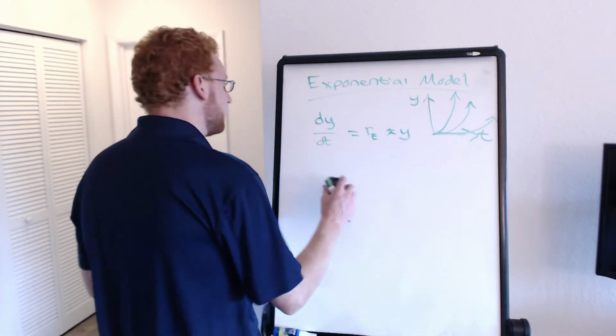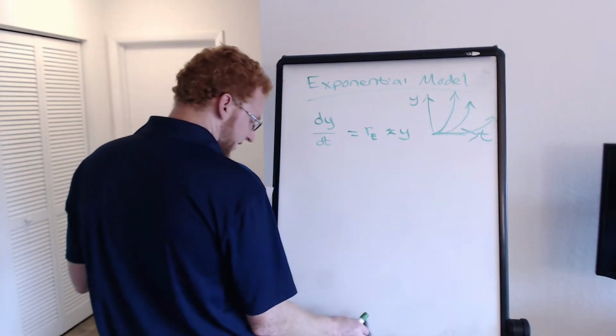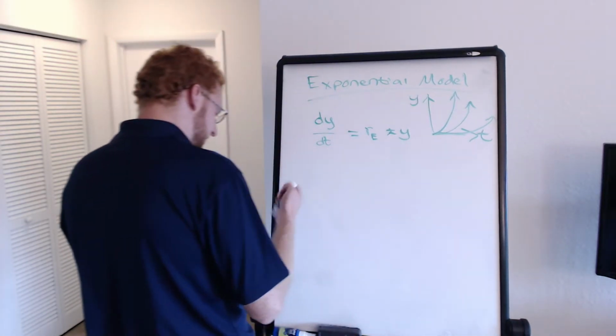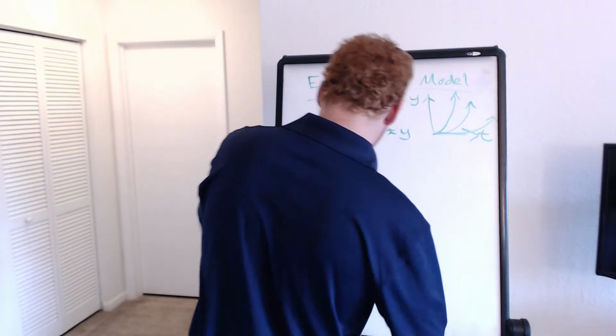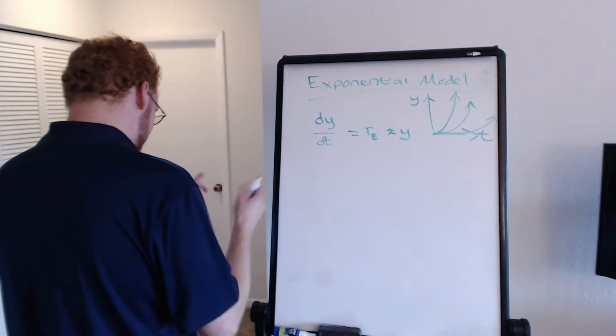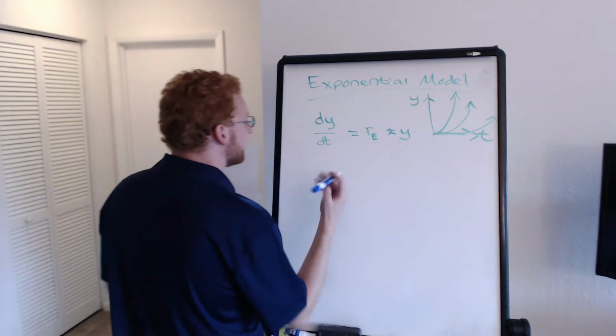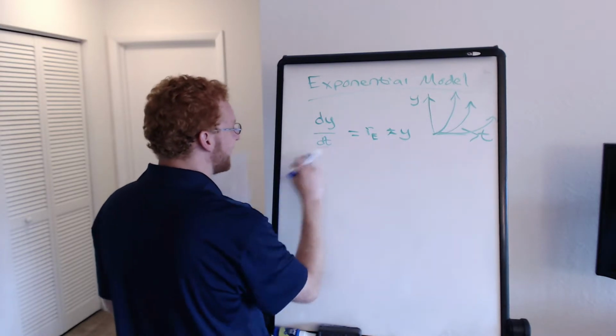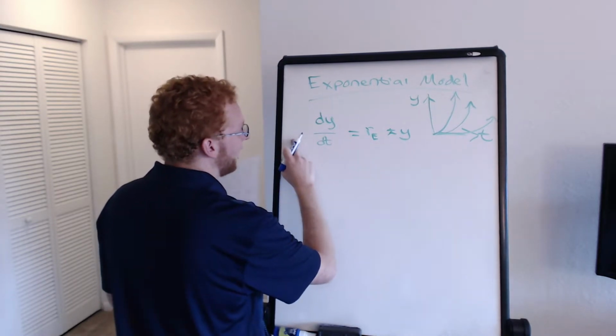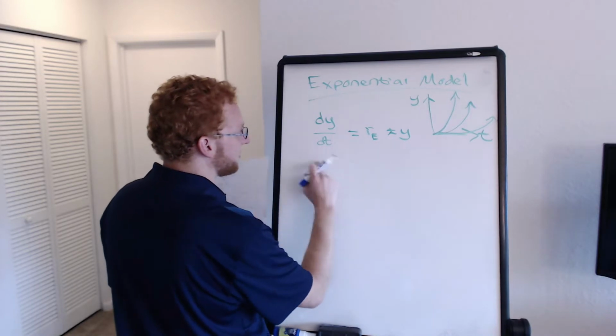So let's derive what y is equal to, because I feel like doing some math, and I was proud that I figured this out a little while ago. Hopefully it fits on the board. This is a differential equation. This is a derivative. You could put it in differential form, dy equal to this times dt, but I'm not going to.